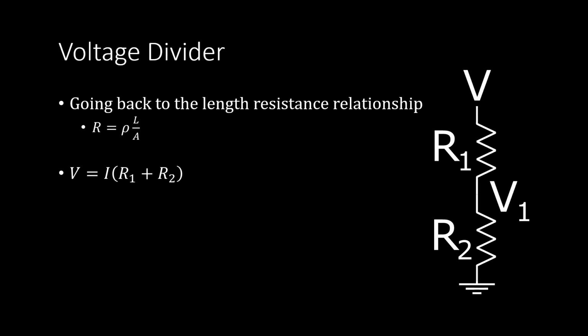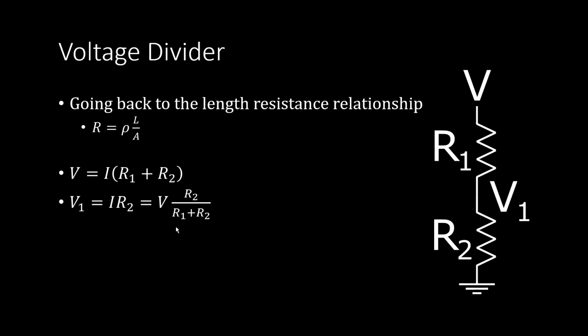If you want to know what voltage is occurring at that central point, V1, you can analyze that as well. So you know that the voltage at this point is going to be equal to the voltage drop across resistor 2, which is just the current times the resistance of resistor 2. And from the equation above, we can solve for the current just being the overall voltage divided by the sum of the two resistors.